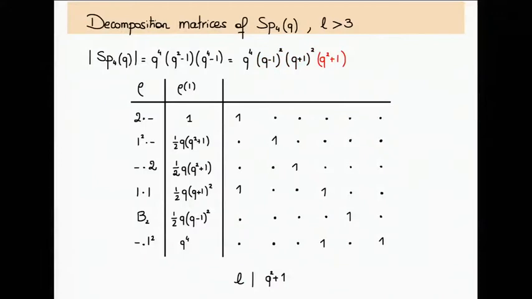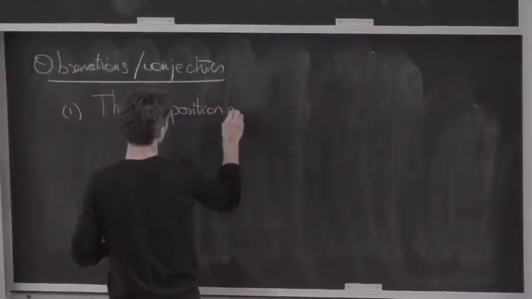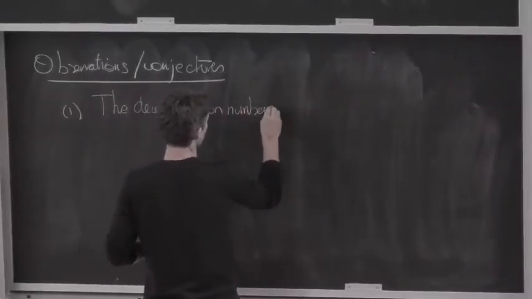That's quite striking, working with a group over a finite field F_q. These decomposition matrices, the representation theory, seem not to depend strongly on q; it's quite generic. So that's for the unipotent blocks. You could conjecture or observe that the decomposition numbers are independent from q.